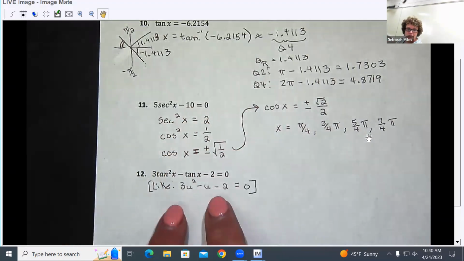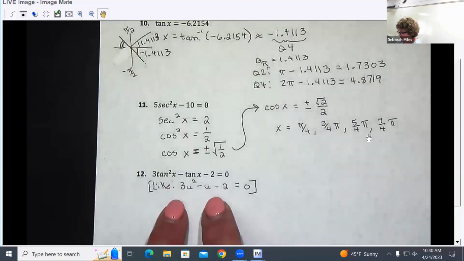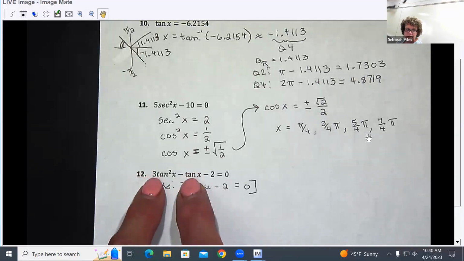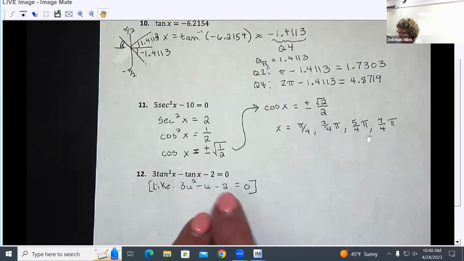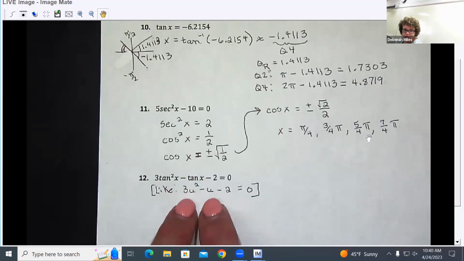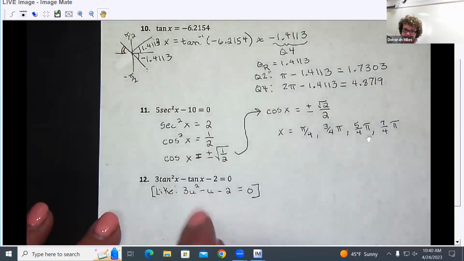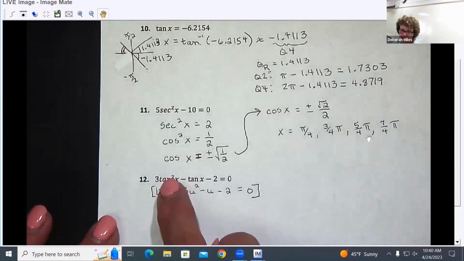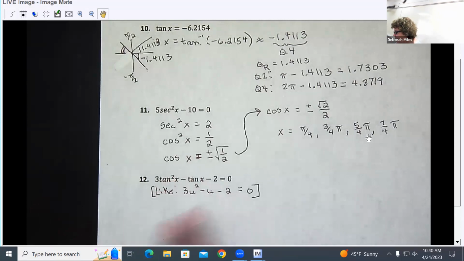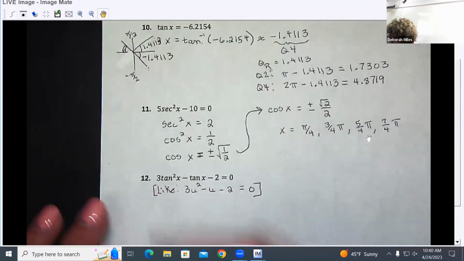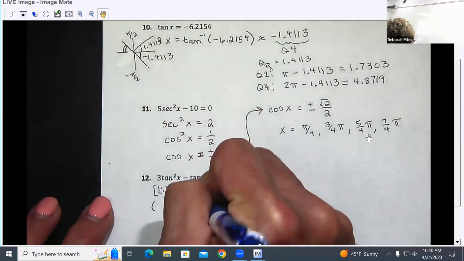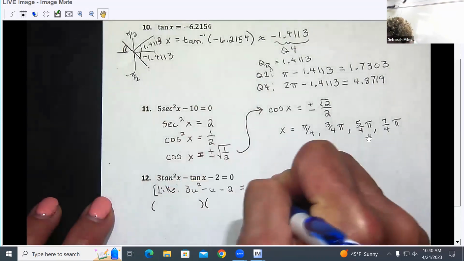And if I can solve this equation with uglies in it, I can solve this equation with tangents in it. I'd like to not have to do formal substitution, which is when you actually put the u in place of whatever it represents. I'm just going to think of this as being like that and try to factor it without using formal substitution.